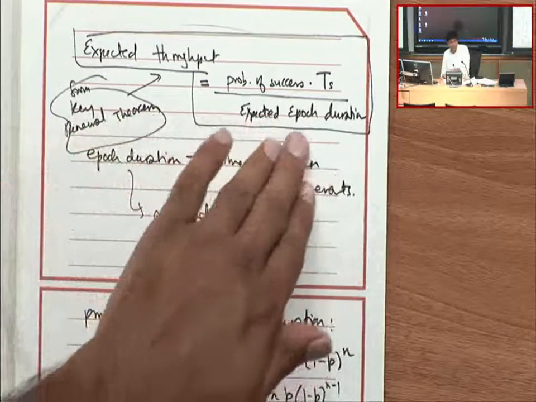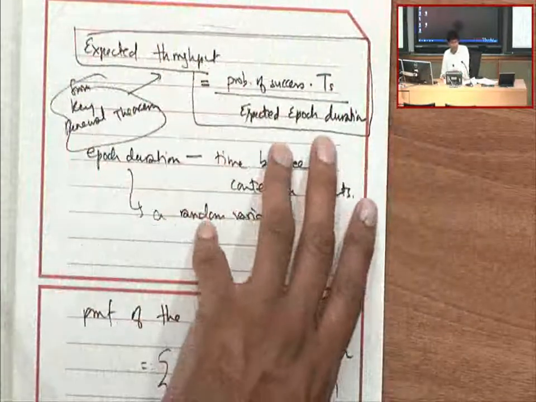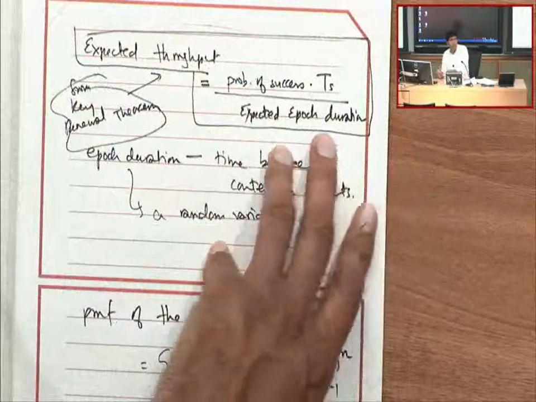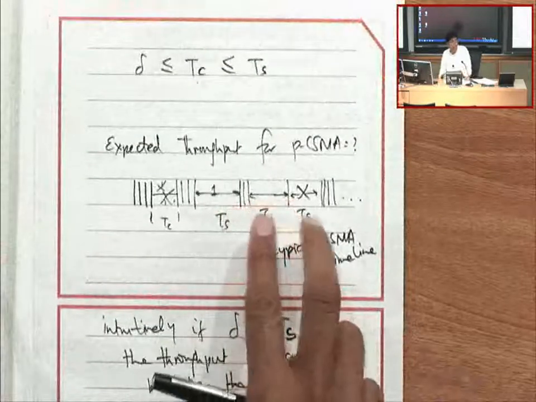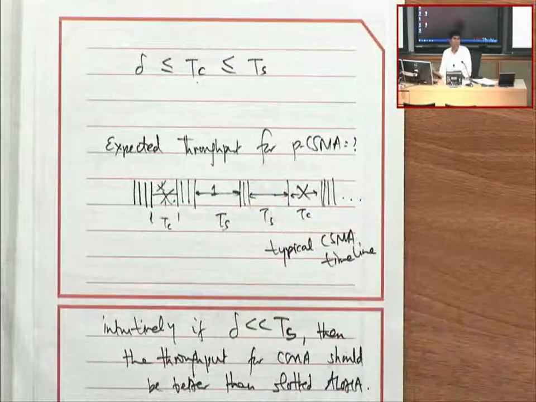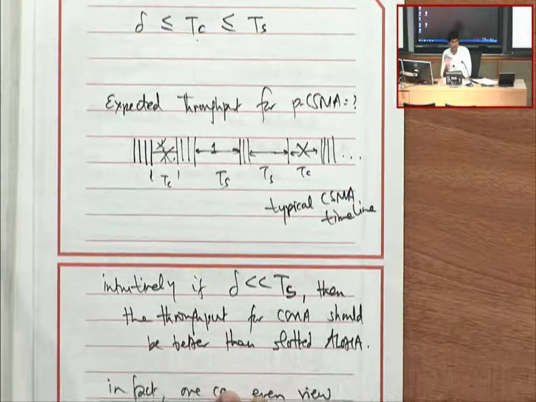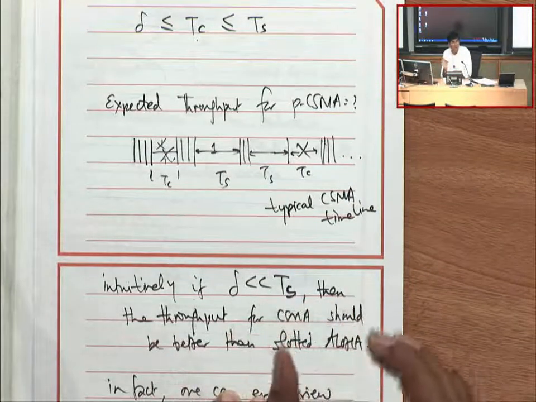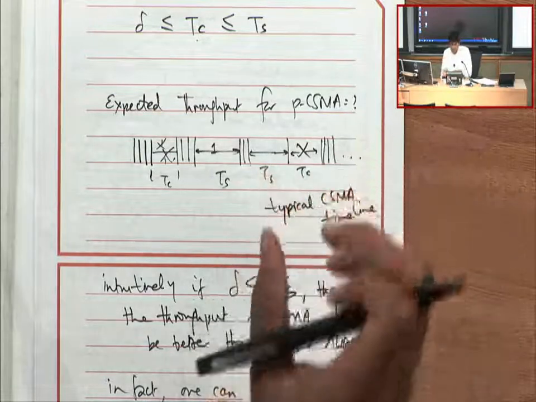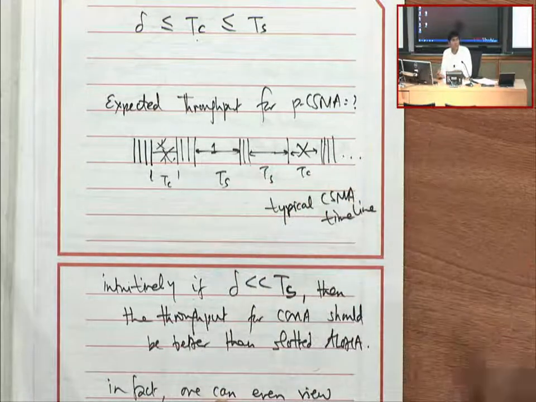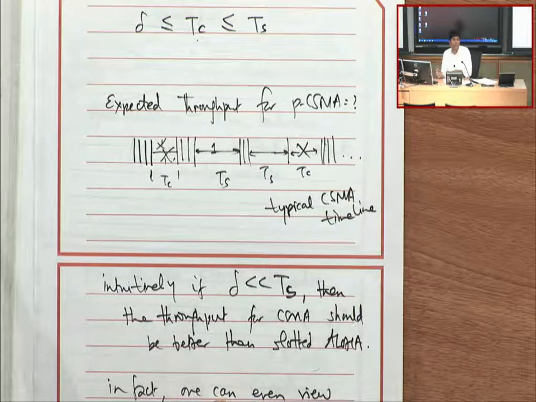I'm just pointing out that this expected throughput expression for CSMA is a little bit more complicated than it was for Aloha. The difference is that in Aloha, all of these durations were the same length. Then it was just a question of what fraction of your slots are reception slots, right? Then you're done. Here, not only do you have to say what fraction are successful, you also have to take into account how long they are in each case.